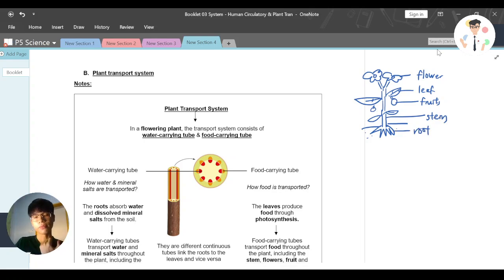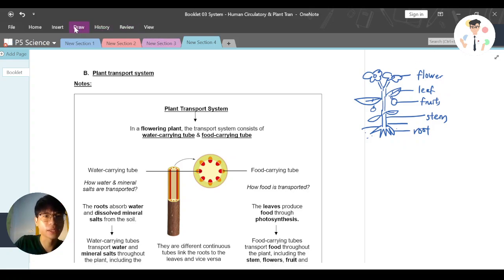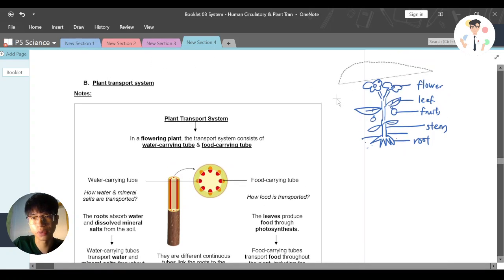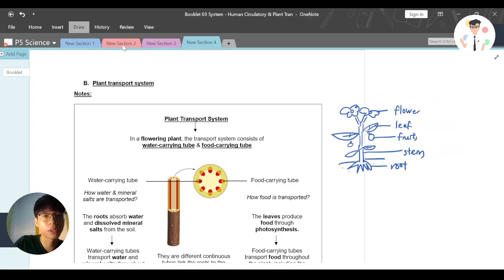Okay, so now, as you know, each of these parts actually has a different function. Maybe flower, as you know, is involved in the reproduction of plants.